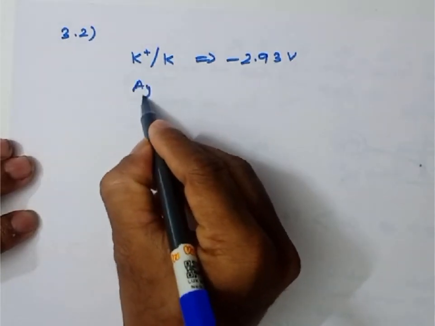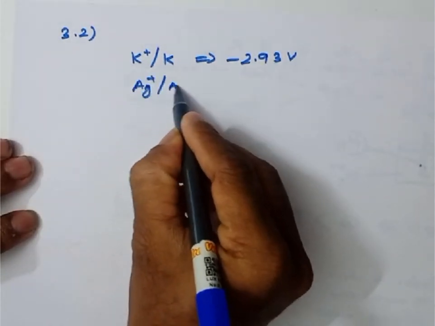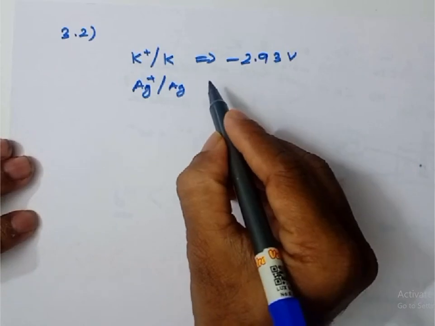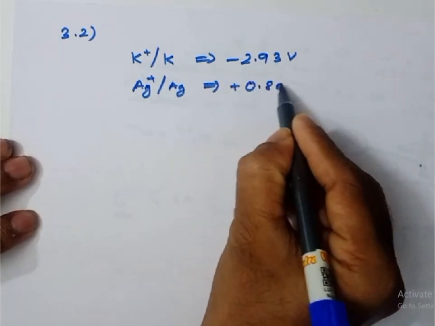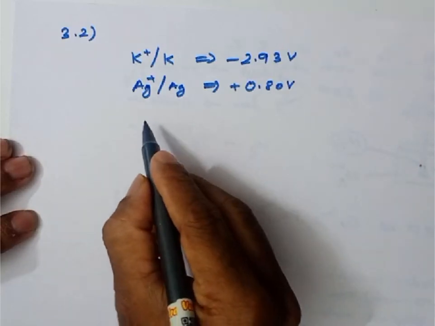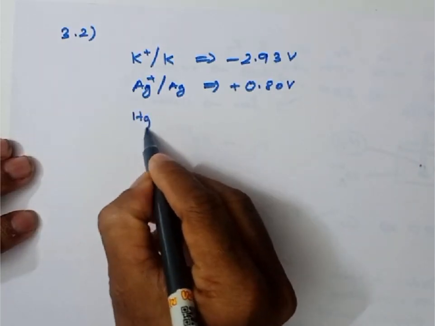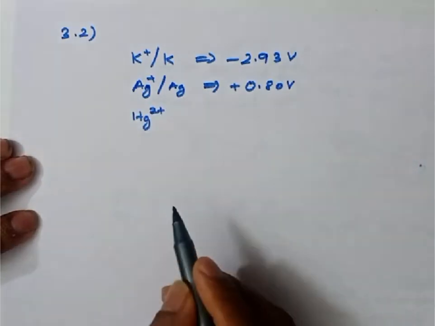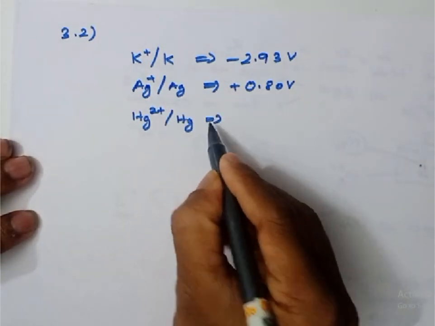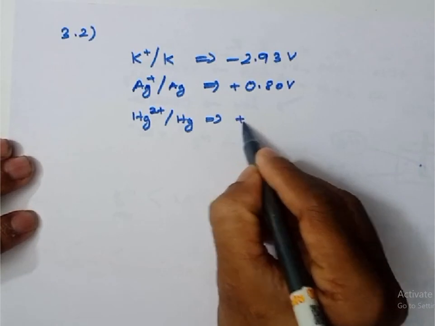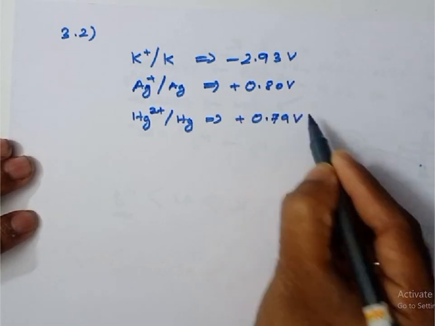Then Ag plus becoming Ag has a potential of plus 0.80 volt. And for mercuric ion becoming mercury, the reduction potential given is plus 0.79 volt.